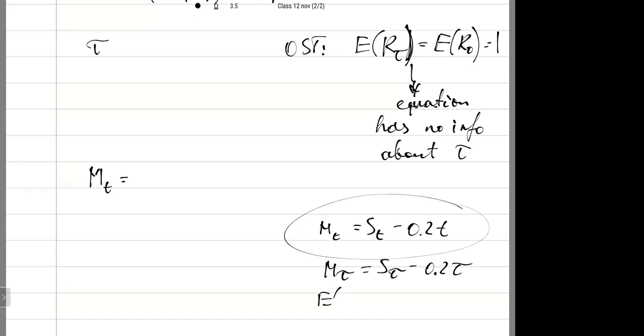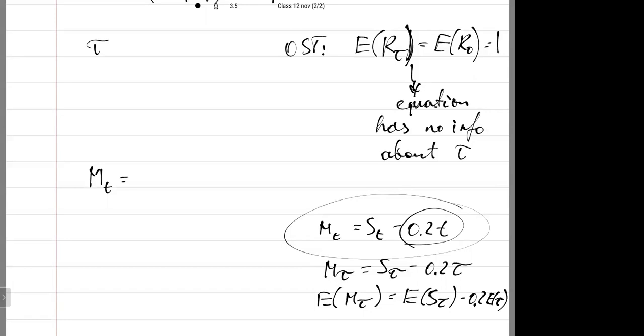In this case, the expected value of M_tau has some information about the expected value of tau. So during the lecture, in a completely different context, we used a martingale where t appears as a linear function inside the martingale.